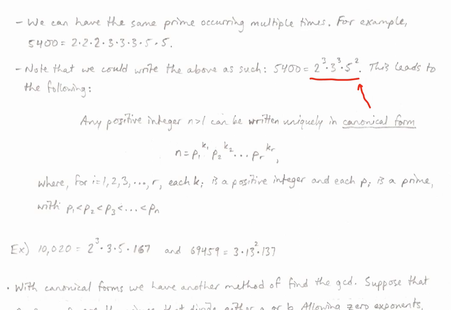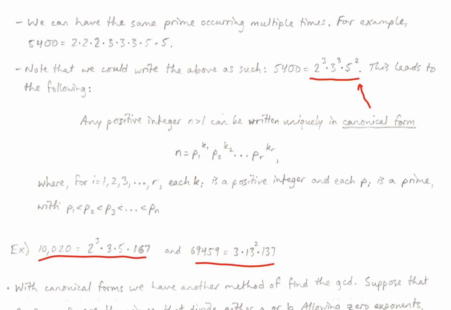So here's just a couple more samples of numbers being written in canonical form. These are a little bit harder. 10,020 you can write as 2 cubed times 3 times 5 times 167. 167 is a prime number. And then you have 69,459, which is 3 times 13 squared times 137.